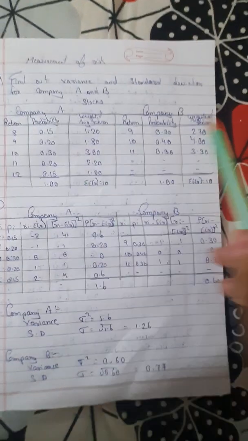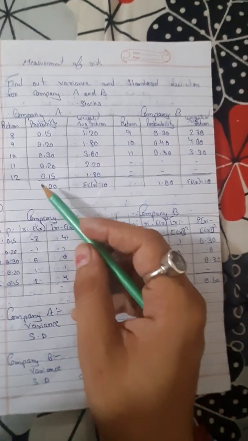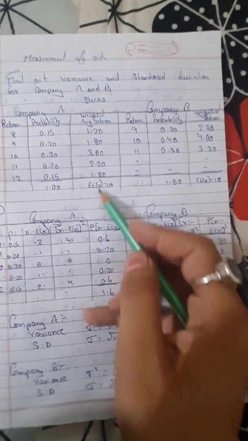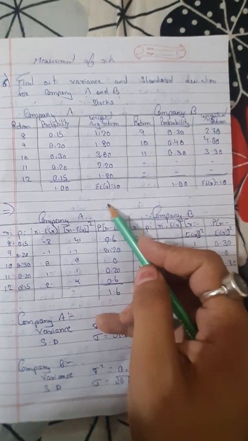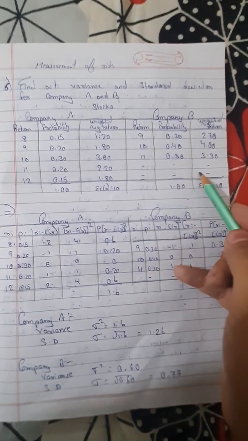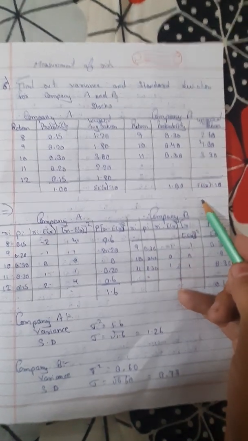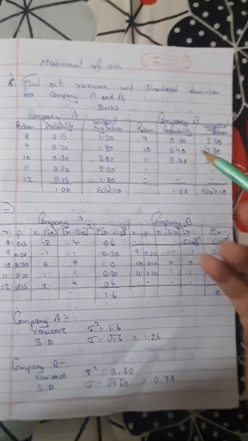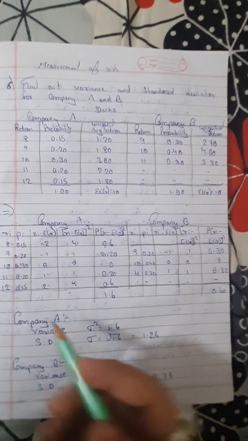For company A and company B. Company A's returns, its probabilities, and its weighted average return, which sums up to its expected return. Company B's return, probability, and weighted return, which sums up to its expected return for the particular time period, say for 3 years given. Right.